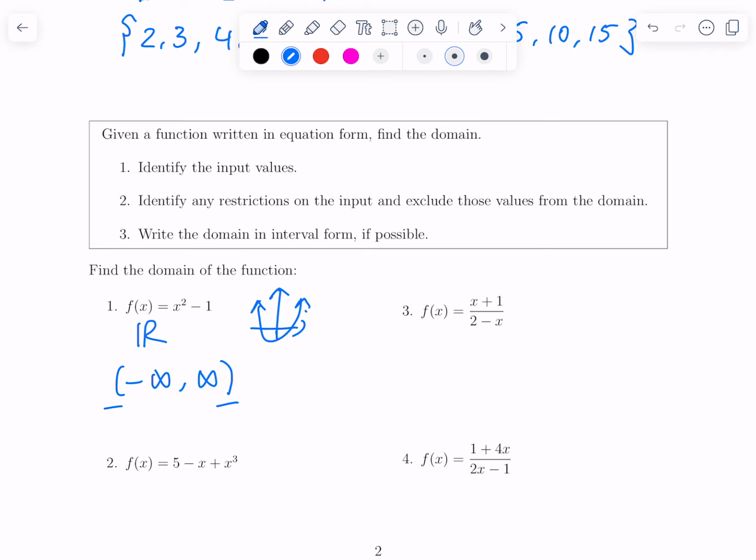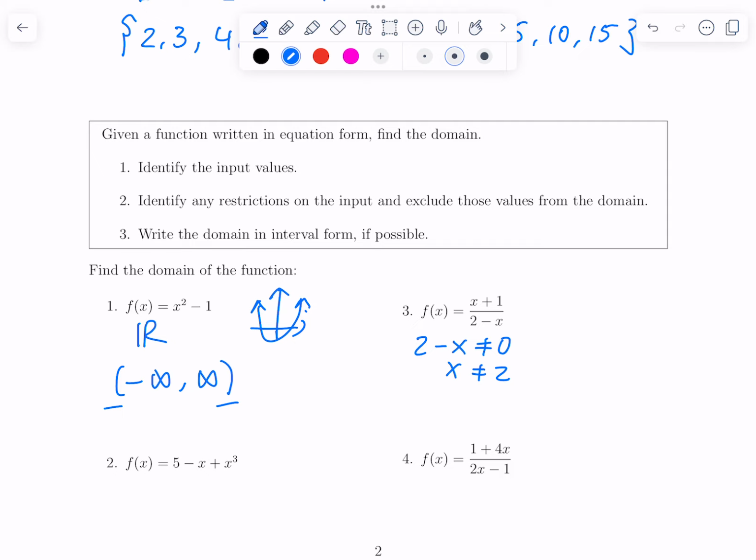Now for the next one, this is the one where we're talking about the restrictions. Always remember the denominator, which is the bottom of the fraction, cannot be 0. So 2 minus x cannot be 0, which means x cannot be 2. And so we have all the points on the real number line, but not 2. So how are we going to write it?